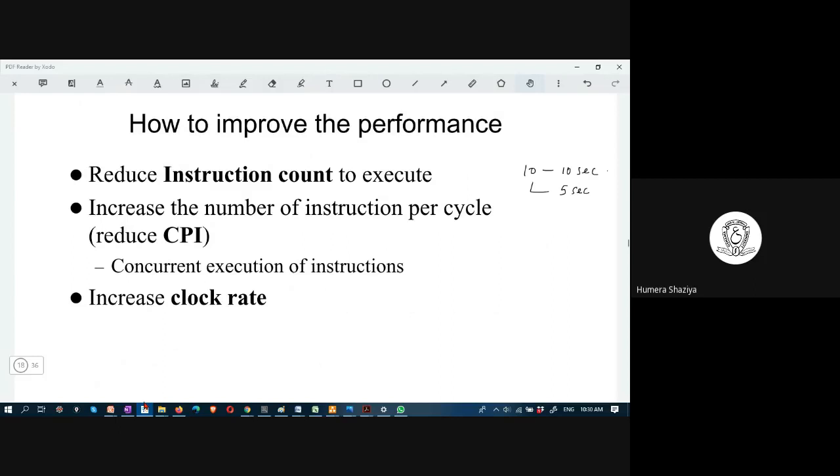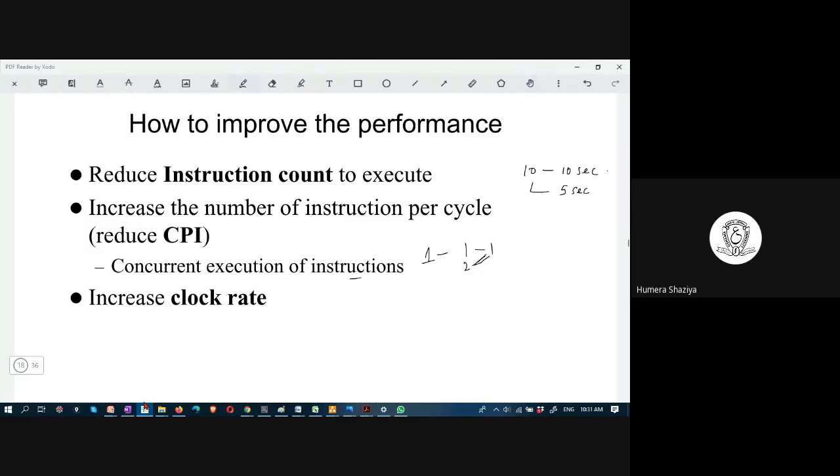Another way is to increase the number of instructions per cycle. Per cycle, how many instructions are executed? Actually, in one cycle, millions and billions of instructions are executed in a real-time computer. If you simplify it, say one instruction per cycle, and this count is increased to two instructions per cycle, again the performance would be improved.